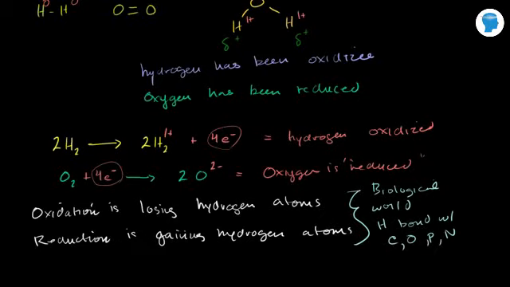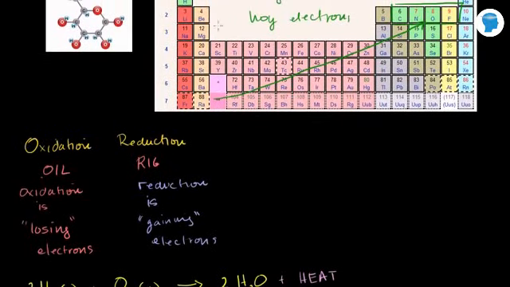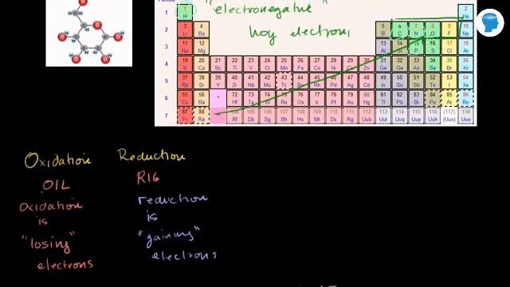And if we look at the periodic table, and we see where hydrogen is, and we see where carbon, nitrogen, oxygen, and phosphorus, and really all of this other stuff is, you see that all of the things hydrogen tends to bond with in biological systems are much, much more electronegative.